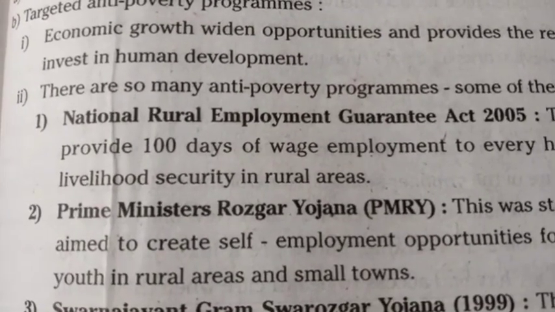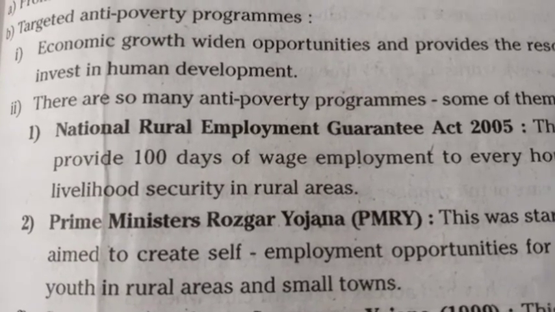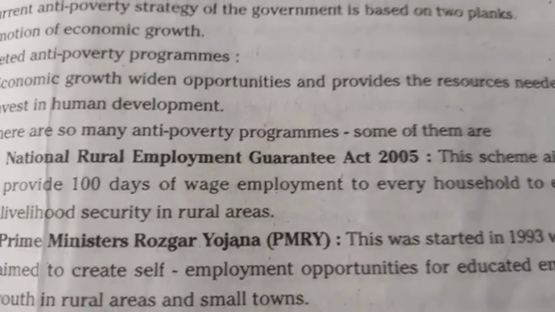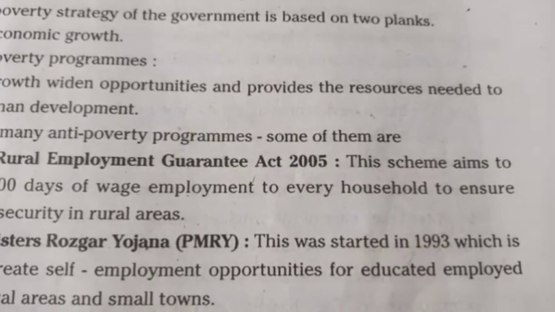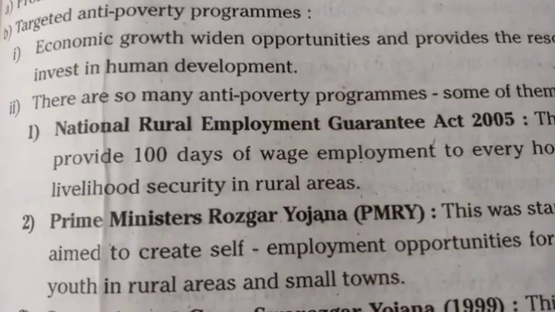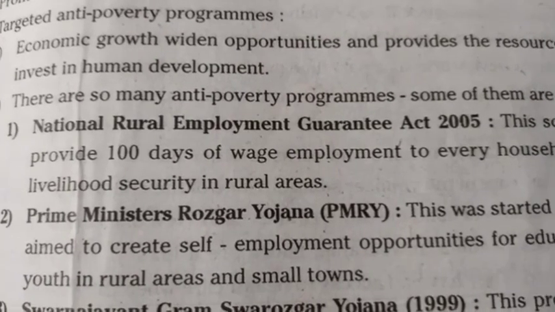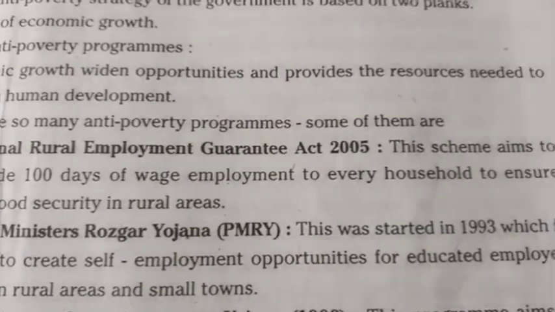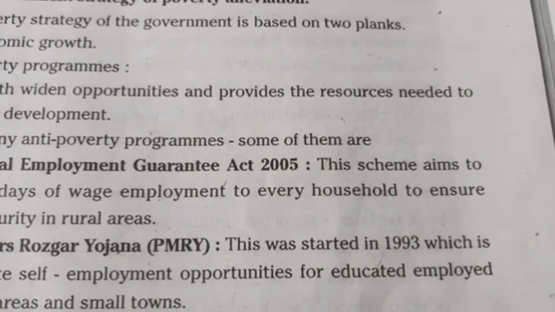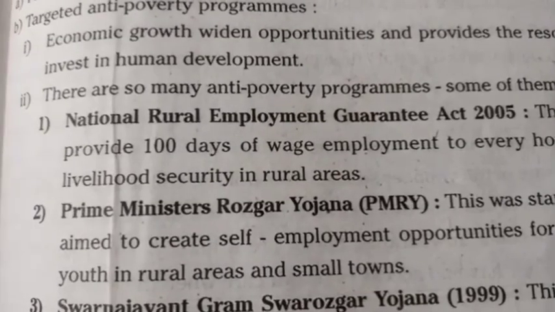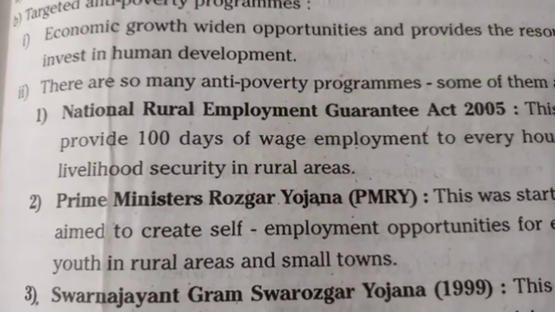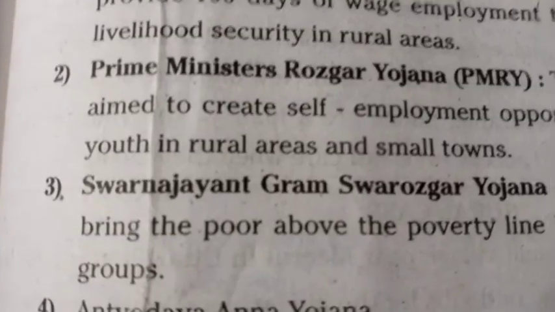2. Prime Minister's Rozgar Yojana, PMRY. This was started in 1993, which aimed to create self-employment opportunities for educated unemployed youth in rural areas and small towns. 3.